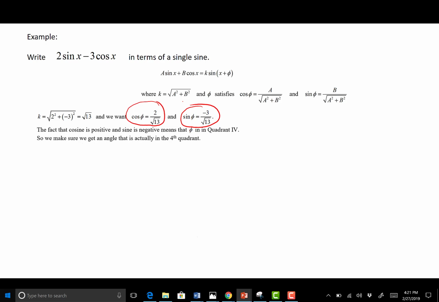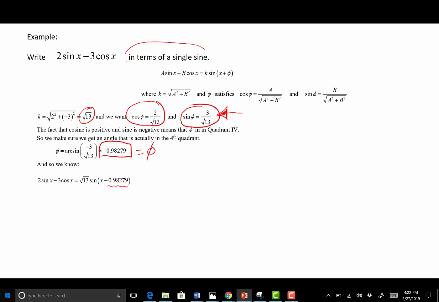But I know that if I find arc sine of this guy, I will end up in quadrant 4. So that's what I do. Notice I end up with a negative value for phi, and that is in quadrant 4, and I'm done with the problem. I already have my new amplitude, the square root of 13. There's my phase shift, and that would be writing it as a single sine.